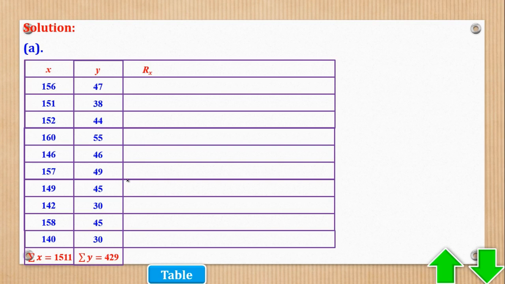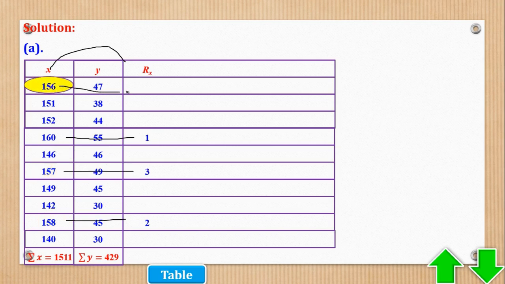Okay, now next is to rank. Ranking is done in descending order. The biggest value gets the smallest rank. So in the values of x, we look for the biggest. It is 160, so it gets rank 1. Then next 150 gets rank 2. Next 157 gets rank 3.